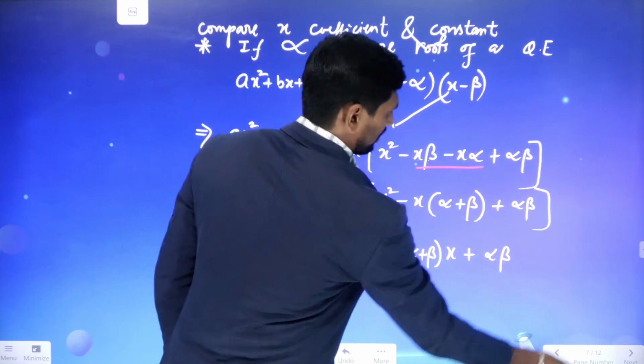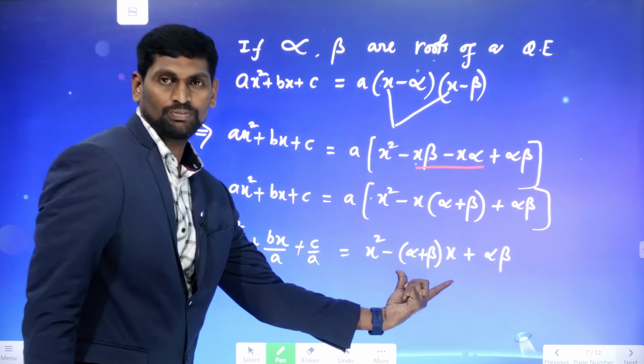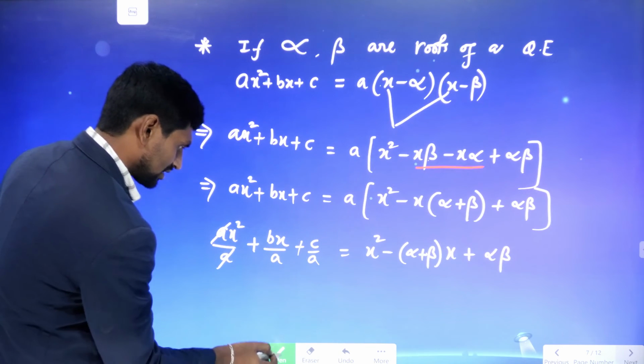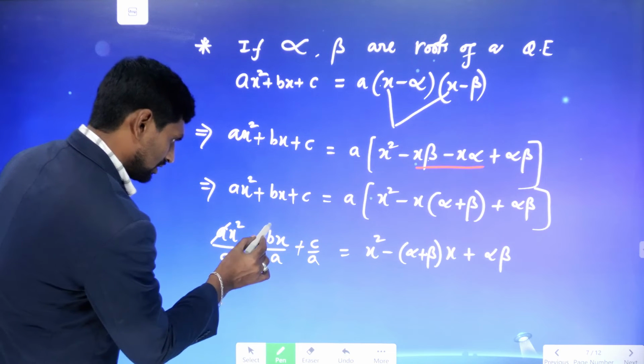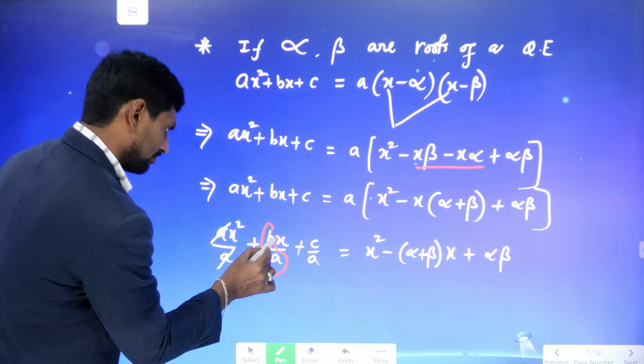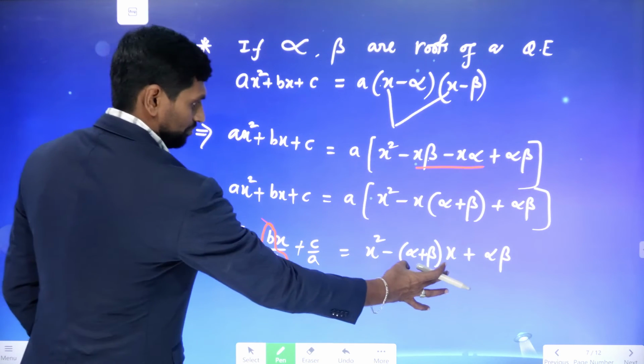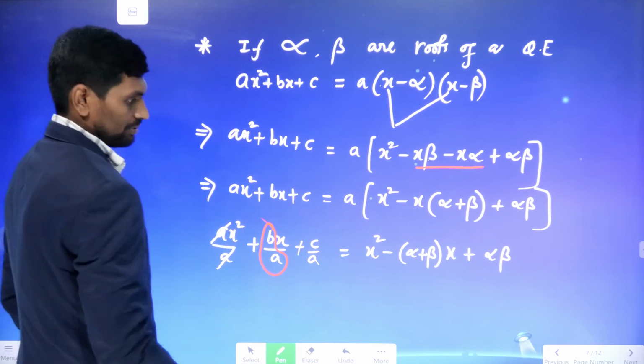So x coefficient what here? Minus alpha plus beta. Here x coefficient, what is it? Except x, the remaining term, b by a. Okay na? So minus of alpha plus beta is equal to b by a.